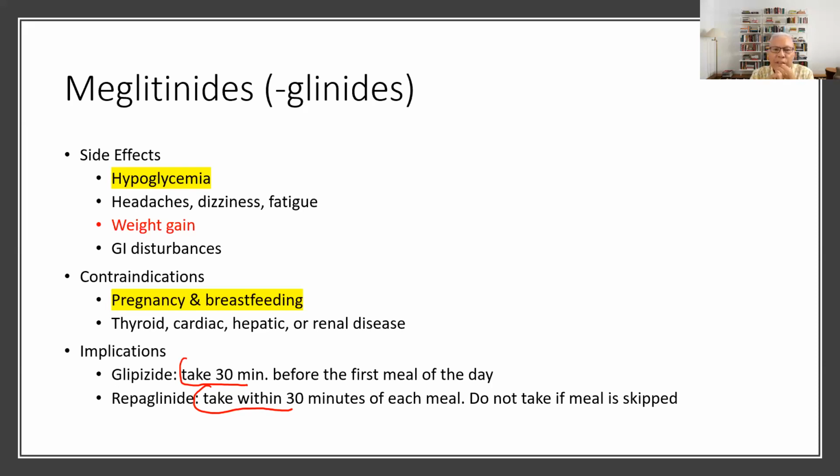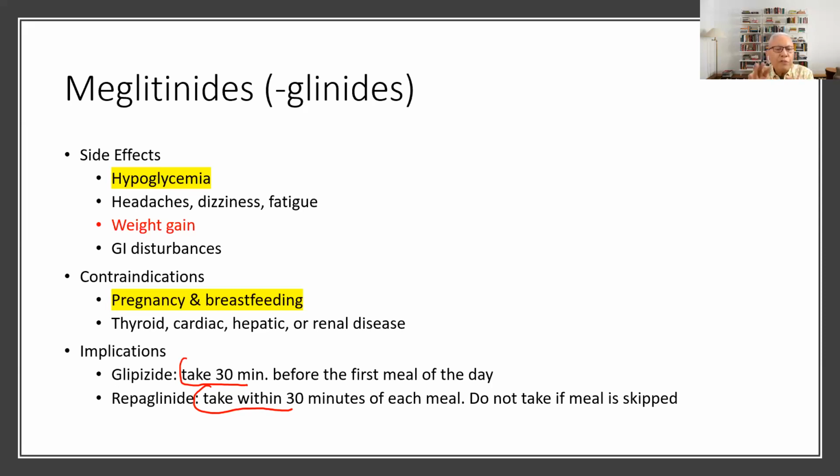Now, the other side effects are headaches and dizziness. It also causes weight gain and GI disturbances such as flatulence and indigestion. The contraindication to the use of meglitinides is pregnancy and breastfeeding.